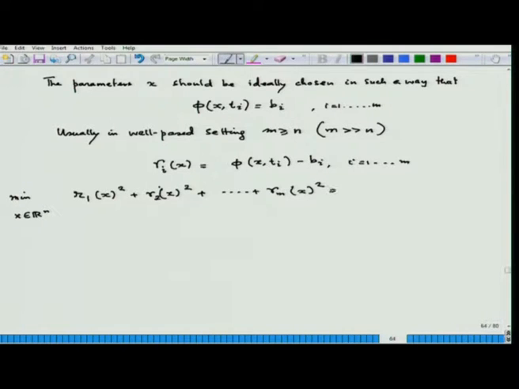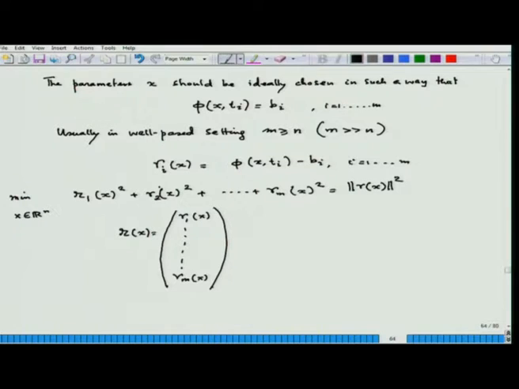And this is nothing but, if you take a vector R(x), the square of the Euclidean norm of R. So, basically you have to minimize this function over R^n, right.